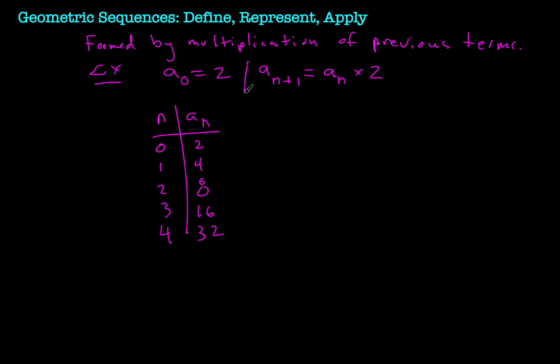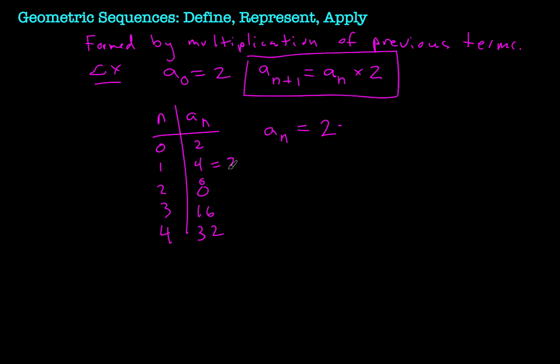Just like before, while we have a recursive definition, we want to be able to represent this in closed form. And here, what we should recognize is that we start with a value of 2, and we are constantly multiplying it by subsequent powers of 2.